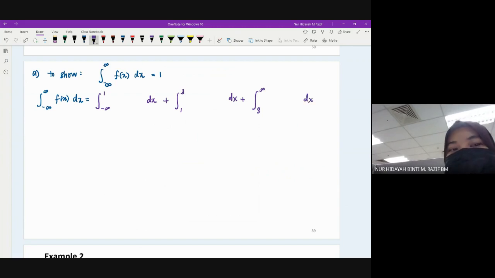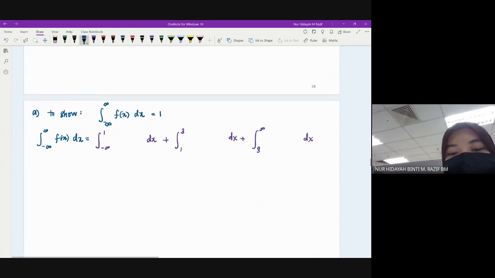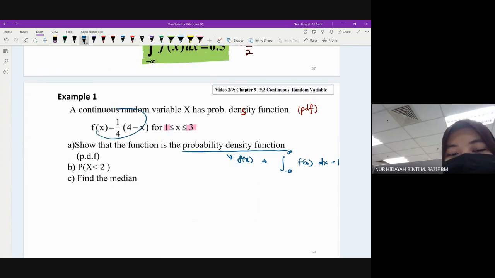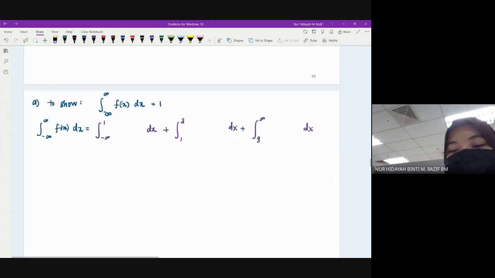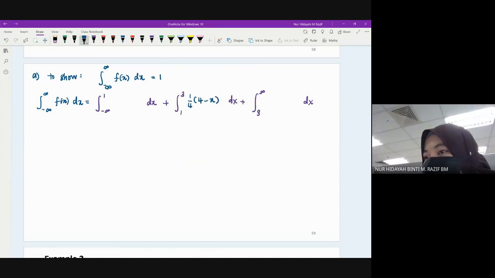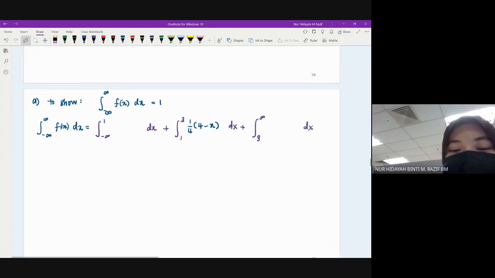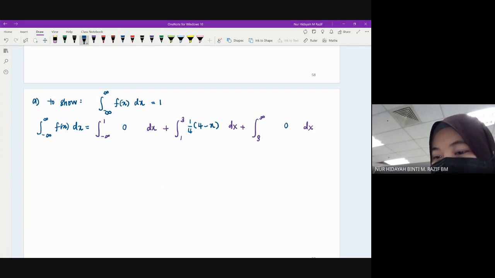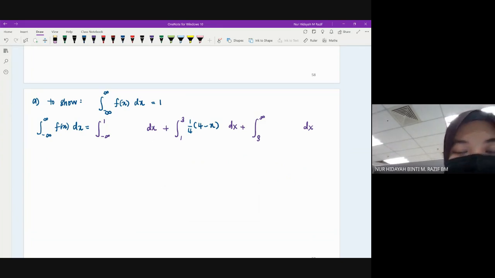Okay, so daripada 3 integral tersebut, I hope you do see, okay, this function adalah untuk 1 hingga 3 sahaja, so that should be here. 1/4 darab 4 tolak x. So what about the rest? Selain daripada fx yang diberi untuk nilai 1 hingga 3, tidak ada data pula.